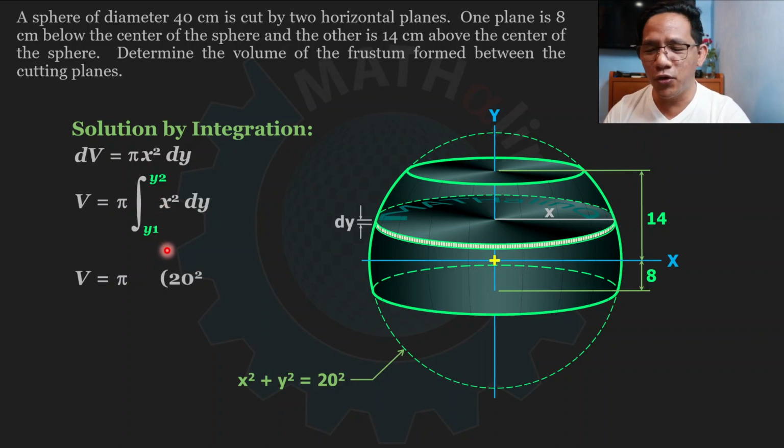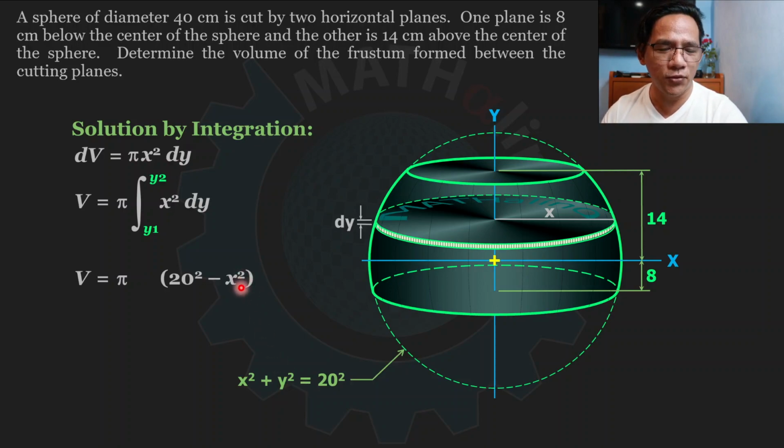We use the equation of the circle, because the length of this x terminates at this point, which is part of this circle. The equation of the circle gives x squared equal to 20 squared minus y squared.